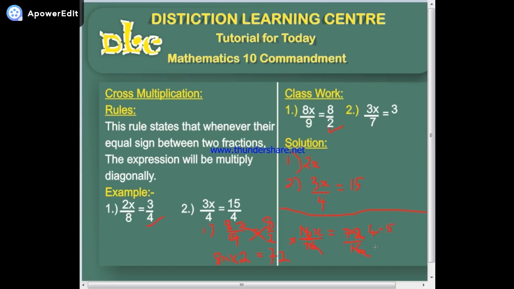So that means our x will equal 4.5. That will be our final answer for the solution to question 1.